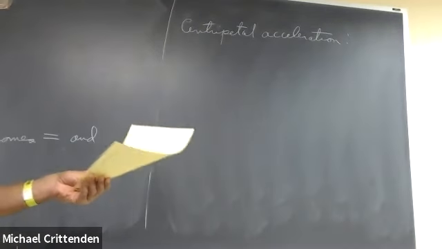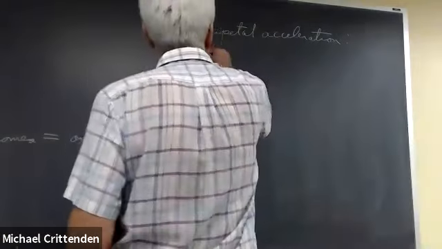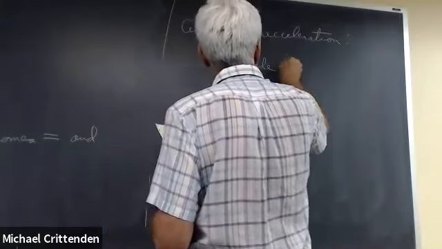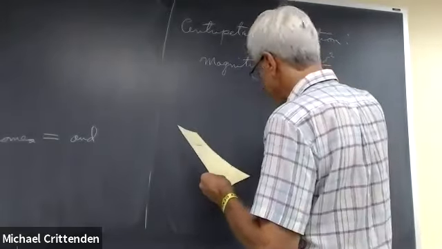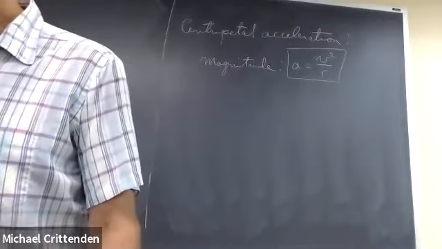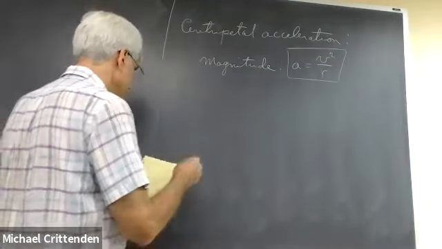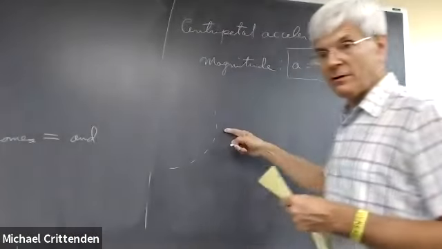The magnitude, of course, acceleration is a vector. It's got magnitude and direction. The magnitude of the acceleration, as I just showed you, is equal to v squared over r. As for the direction, here's your circular path again.